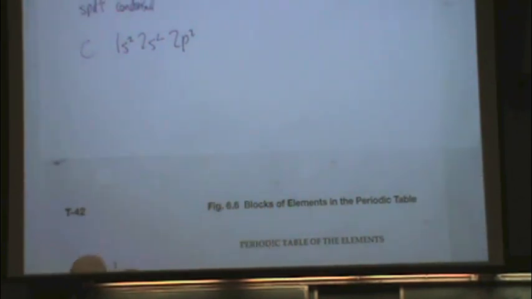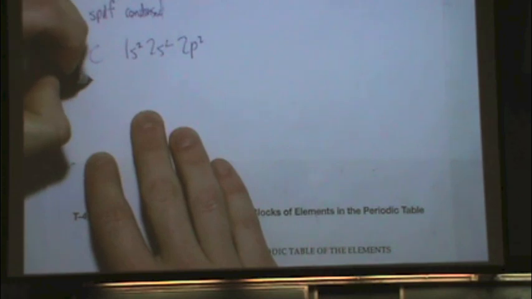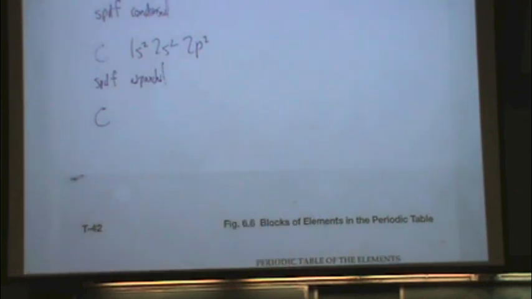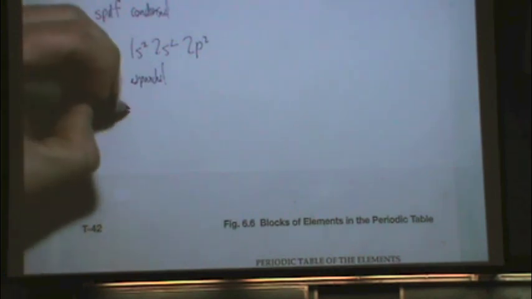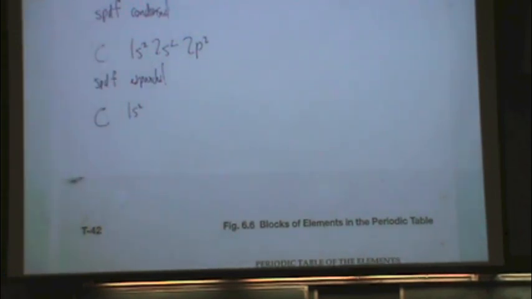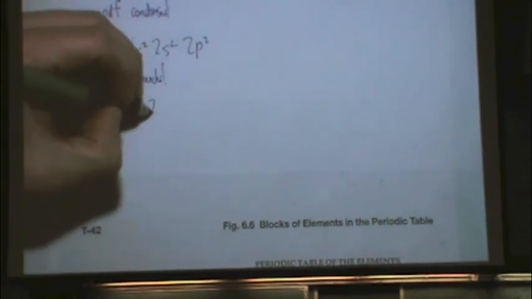Now we're going to talk about the SPDF expanded. So it's very similar to what we just did, but now instead of grouping all suborbitals together, we're going to expand them. So S's don't expand. There's only one orbital that fills up with 2 electrons, so that stays the same.